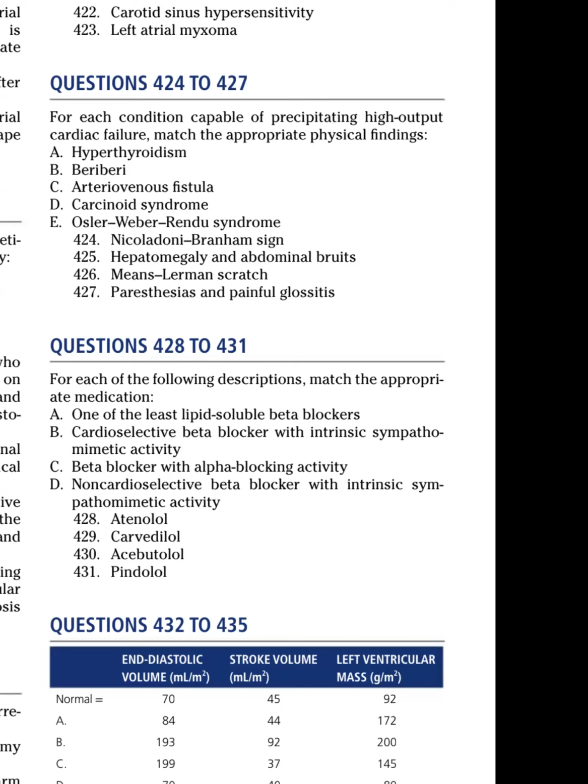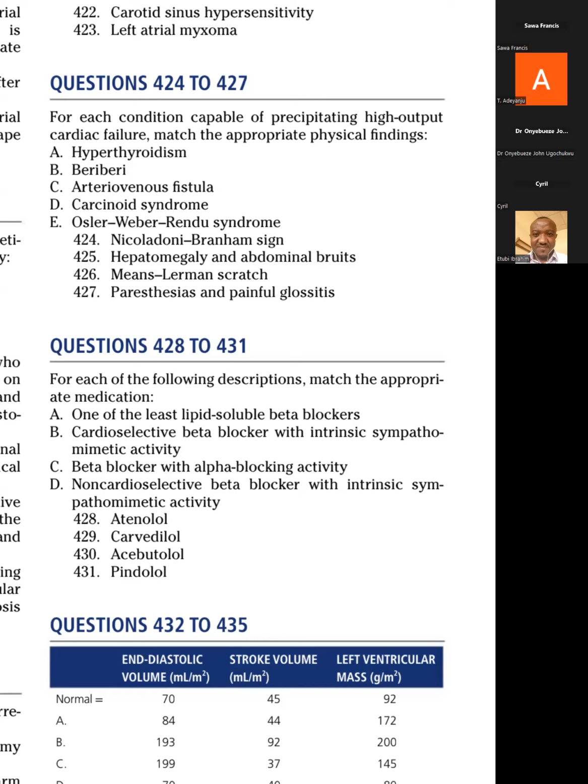Just like the other questions we've been answering, we'll take them by elimination method. The Nicoladoni-Branham sign, which particularly has to do with systemic arteriovenous fistula, is described as a slowing of the heart rate after manual compression of the fistula. It is a maneuver that also tries to raise arterial blood pressure and lower the venous blood pressure.